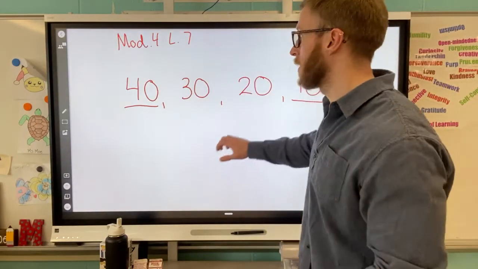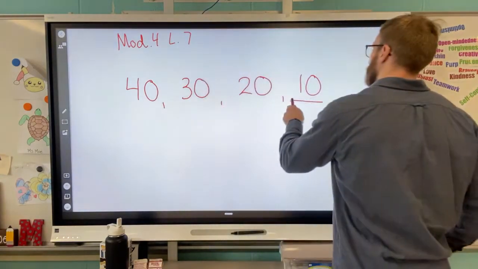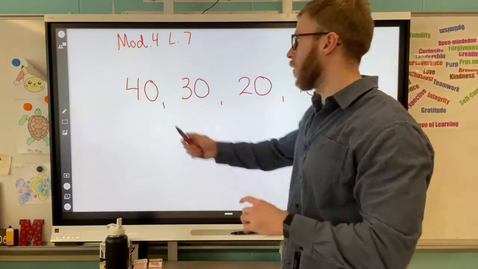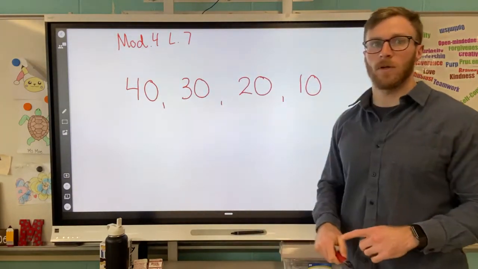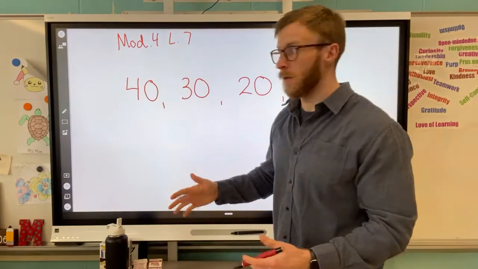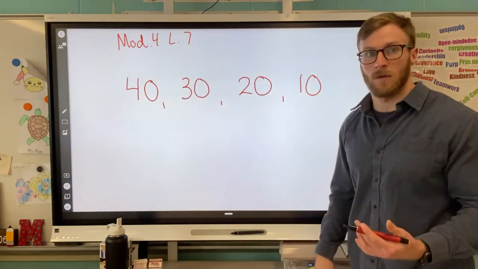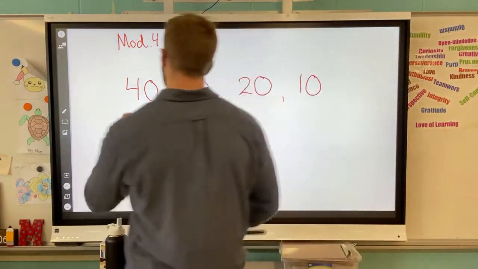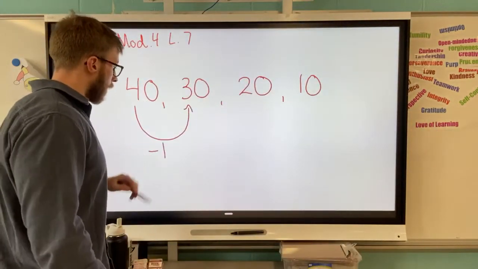Let me erase these. I also noticed that the numbers in the tens place, so the first digit in each number, are different. And the digits in the ones place all stay the same. They're all zeros. And I know to go from 4 to 3, I need to subtract 1.